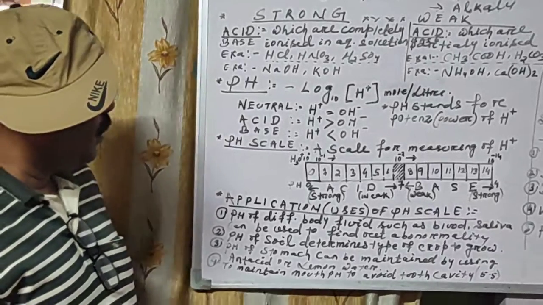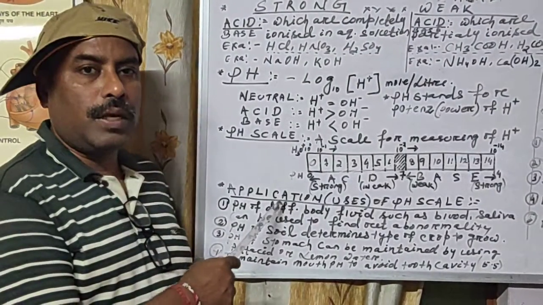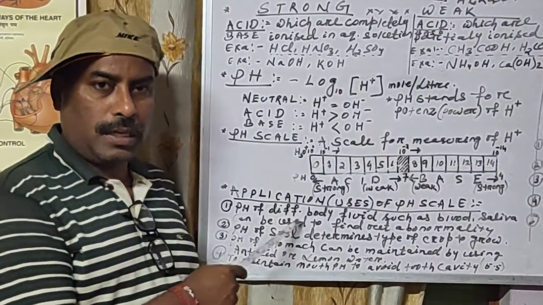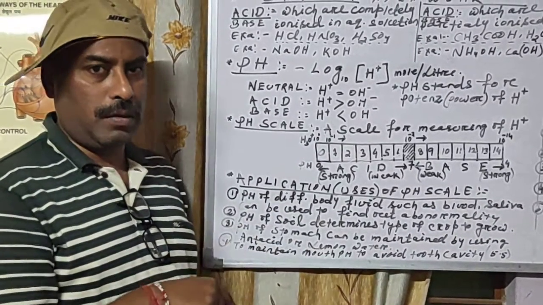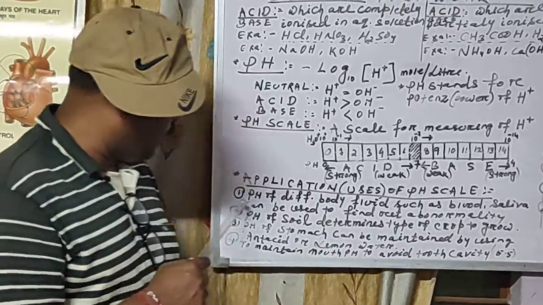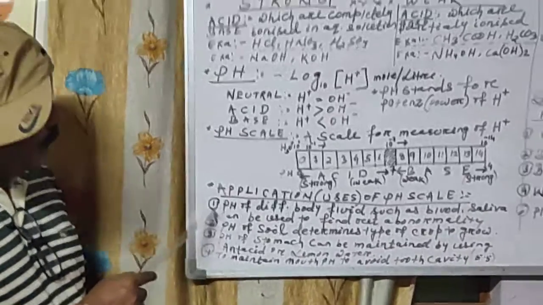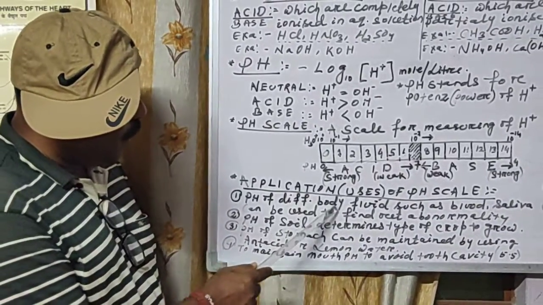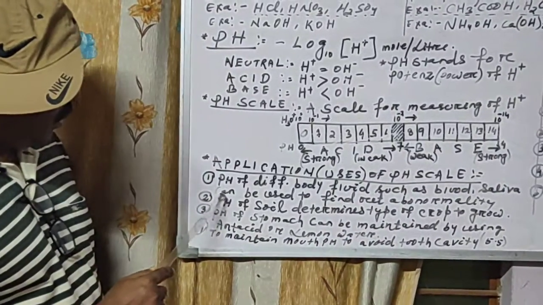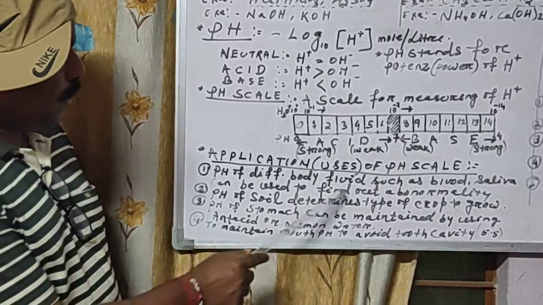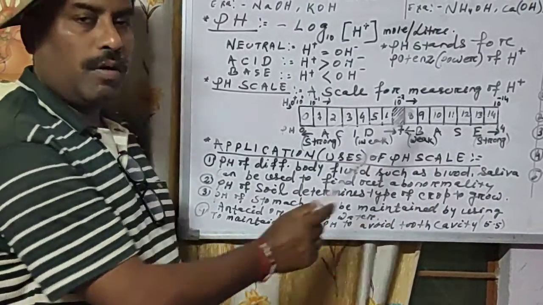Now let us come to the importance of the pH scale. What are the uses of the pH scale even in our everyday life? Let us see some points I have given here. The pH of different body fluids such as blood and saliva can be used to find out abnormality in our body.